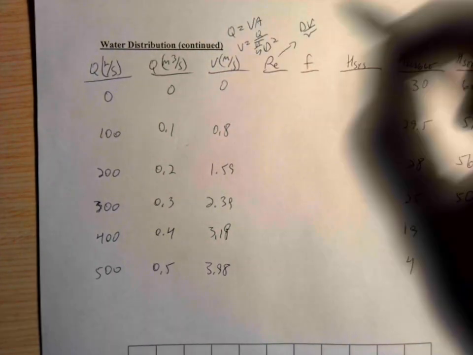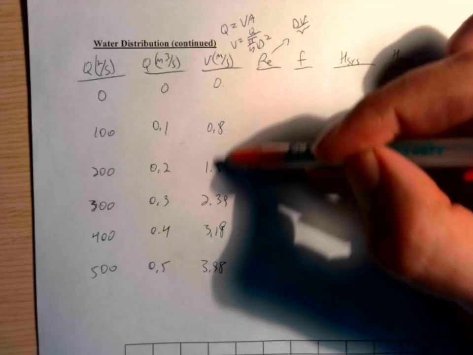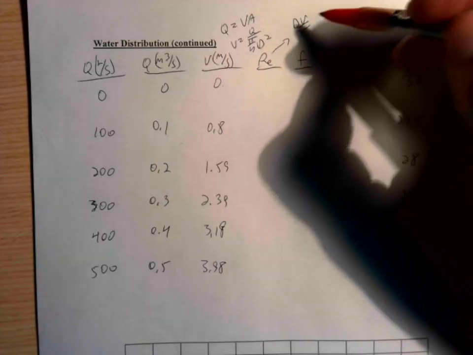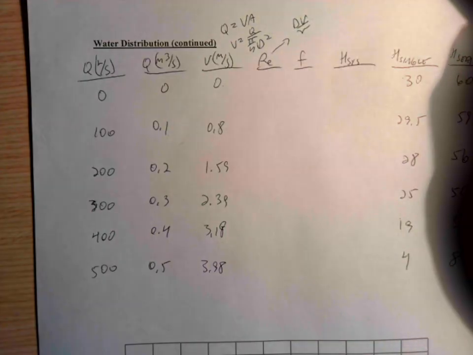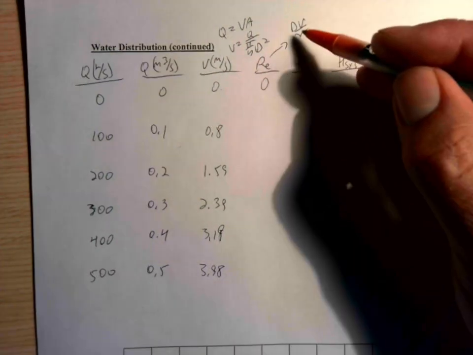And then to get the Reynolds number here, we're going to do dV over nu. The diameter is 0.4, and then we have the velocity in this column, divided by nu, which was 10 to the minus 6th. I'm not going to write out that calculation, but for 0 it's 0, V is 0.